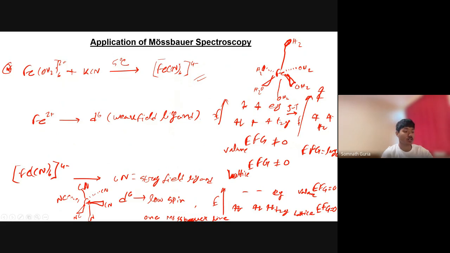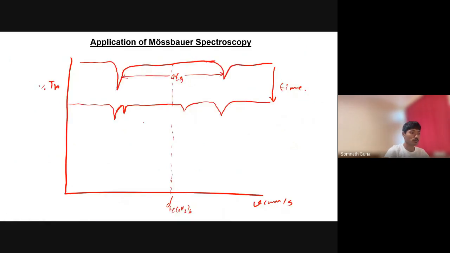Okay, and here we are getting two Mossbauer lines, whose delta value is shifted towards the more negative direction. This is delta nu. Right now I'm saying delta nu; later on we will talk about what that is. Now as time goes on, they are getting another line over it.